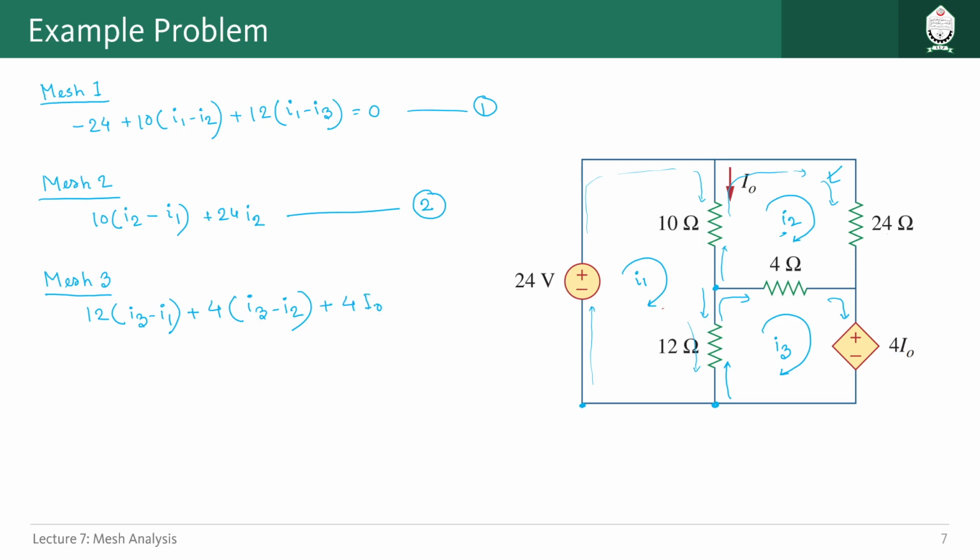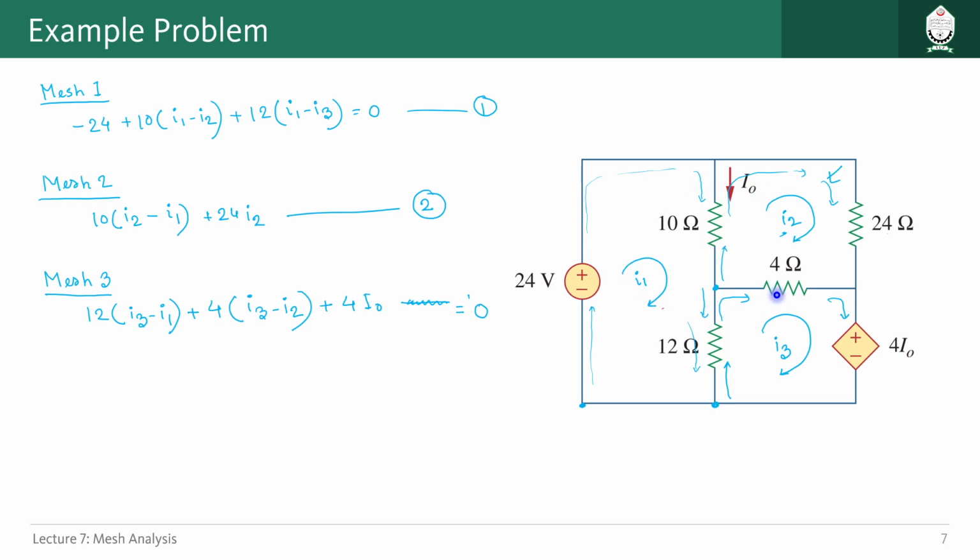So that is done. Now finally we have this voltage drop, 4 I naught. So as this is a dependent source, basically we have to represent this I naught in terms of I1, I2 or I3. Obviously that can be done, right? Here if you look at this current I naught, this I naught current is going in the downward direction, same as I1. In this branch through our resistor 10 ohm, basically I1 current is going in the downward direction, I2 is going in the upward direction.